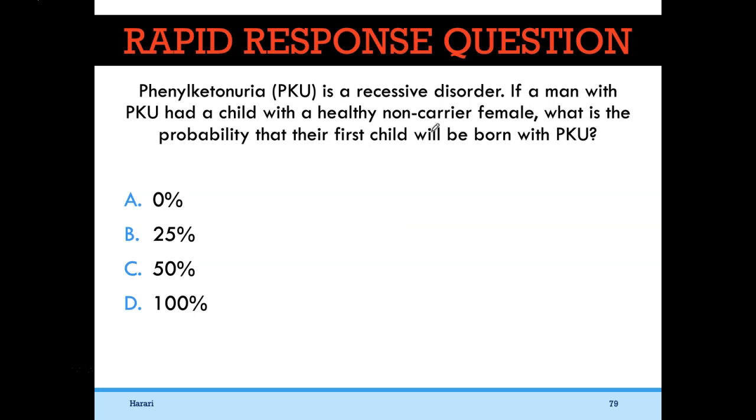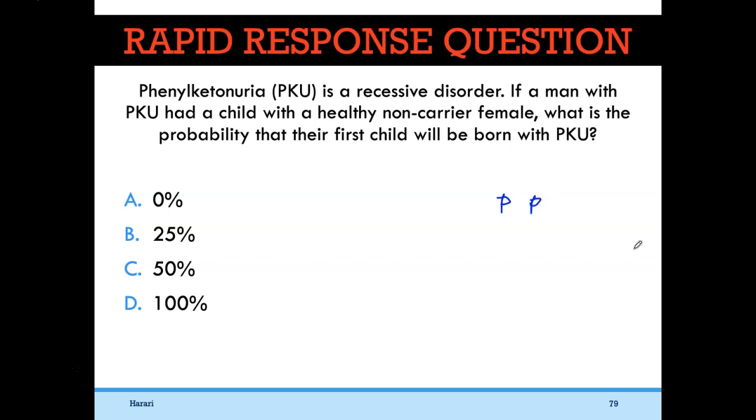Phenylketonuria is a recessive disorder. If a man with PKU had a child with a healthy non-carrier female, what is the probability that their first child will be born with PKU? So let's try to figure this out. We have a man with PKU, which is a recessive disorder. That means he must be little p, little p.